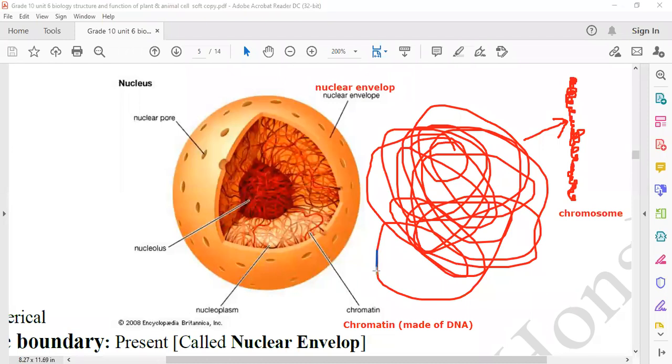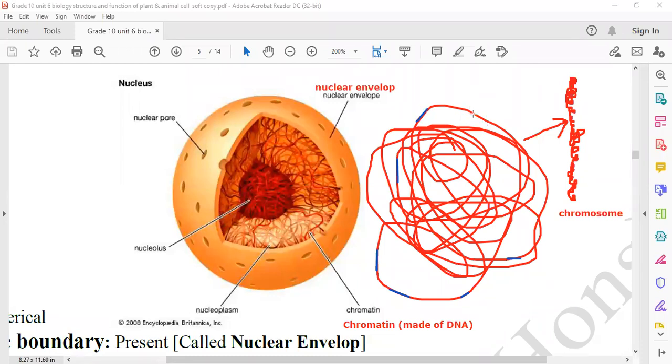This will be a place we call gene. This is another gene. This is another gene. Like this, there are genes in the chromosome or chromatin.